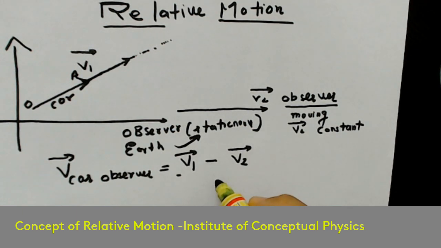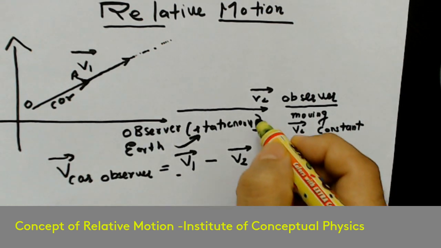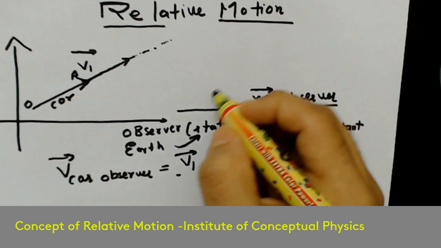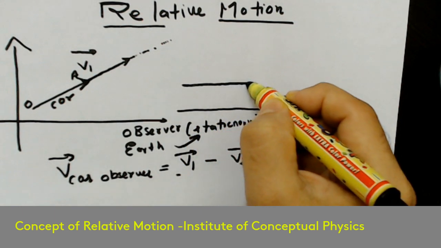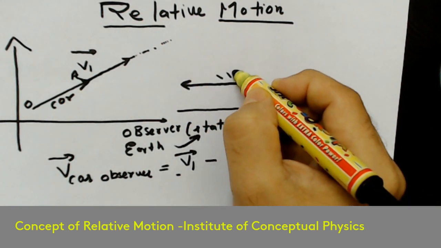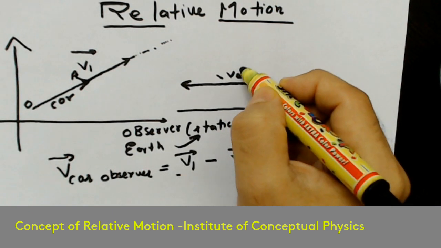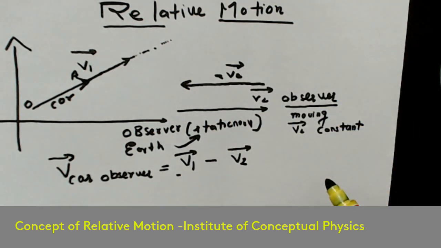Now, when you do subtraction, what you do is you draw the vector v2 in the opposite direction. So if v2 is in this direction, draw v2 in the opposite direction. So this is minus v2 vector. Just draw it opposite, of equal length.